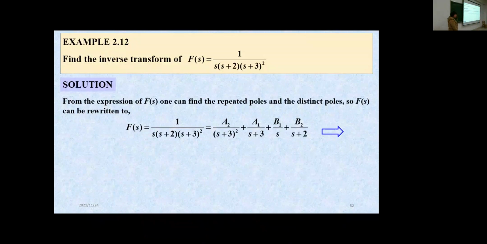You no longer need to write x plus 3 here because it's included in the square. This times this, but this no longer needs touching because we have the square.